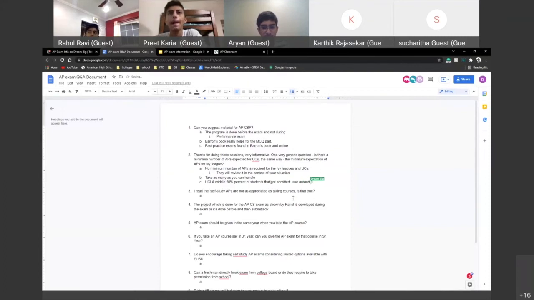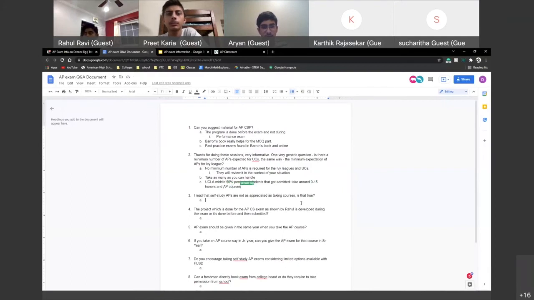So not just AP courses, honors and AP courses combined. They don't release just AP. Just to repeat that, this is the middle 50% of students, not the top 10% or the bottom 10%. Hopefully that answers your question, and other colleges will release it too. This is just an example of UCLA.